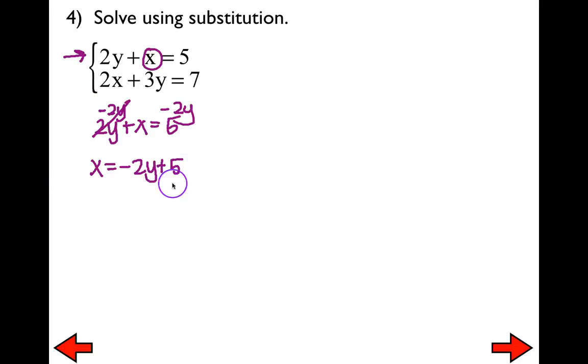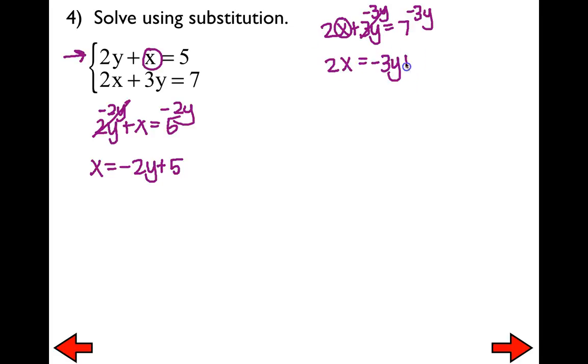So now that I've isolated one of my variables, x, I'm going to go ahead and manipulate the next one. So here we have 2x plus 3y equals 7. In order to solve for x, I'm going to first get rid of the 3y by subtracting it, which leaves me with 2x equals negative 3y plus 7.